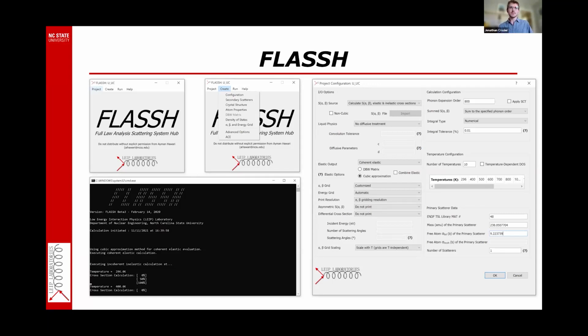It makes it very accessible and easy to run thermal scattering law evaluations and then double check that the integral quantities of the thermal scattering law are correct, such as cross sections, all of which can be put into ACE files for whatever kind of calculation you're doing.